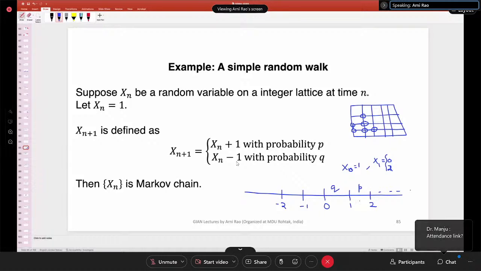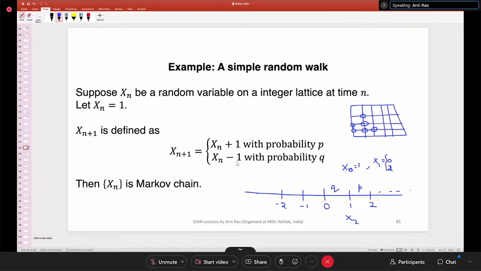And again x2: if it reaches 1, x2 could be 1 to 2; if it reaches 2, x2 could be 2 to 3 or 2 to 1 again. Or if x1 is 0, x2 could be 0 to 1 or 0 to -1, and so on.